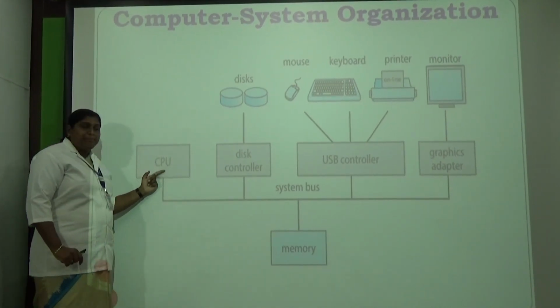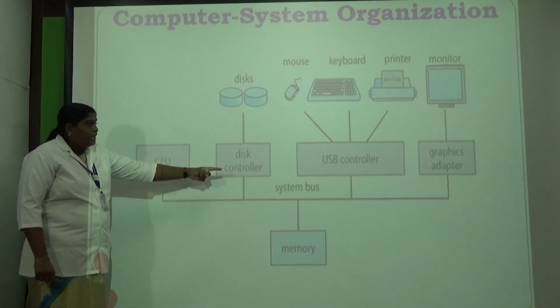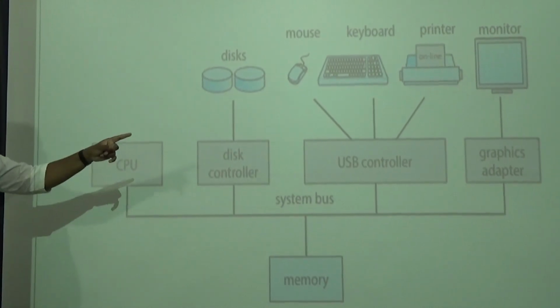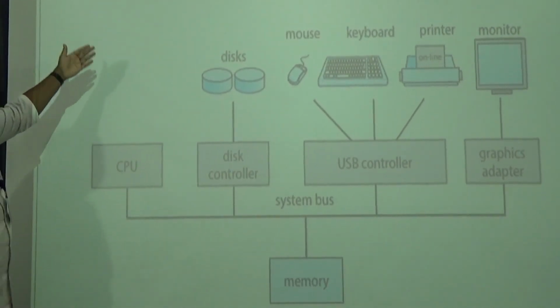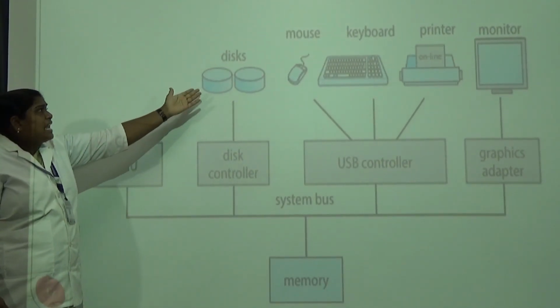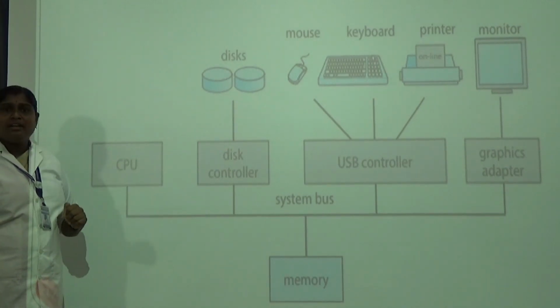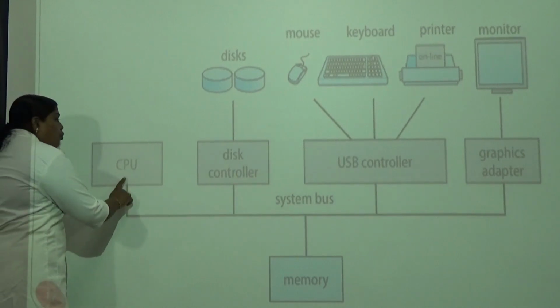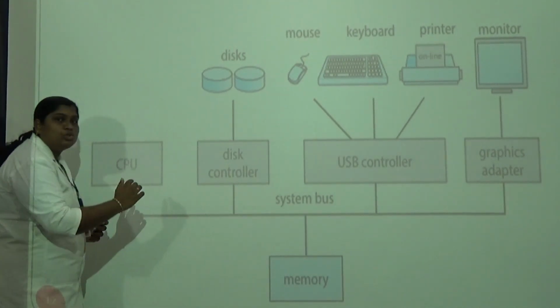See, the first one is the CPU, the next one is the controller, the next one is the USB controller, the next one is the graphics adapter, which are all connected with hardware components like the mouse, keyboard, printer and monitor. So everything is connected only through one system bus to the memory.